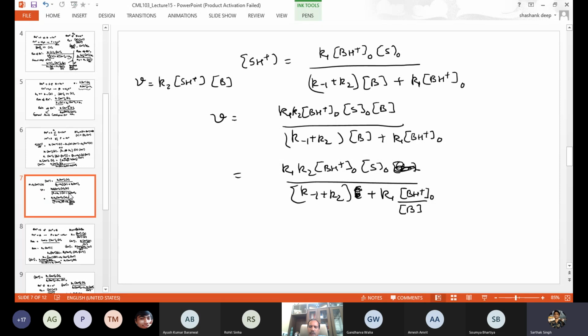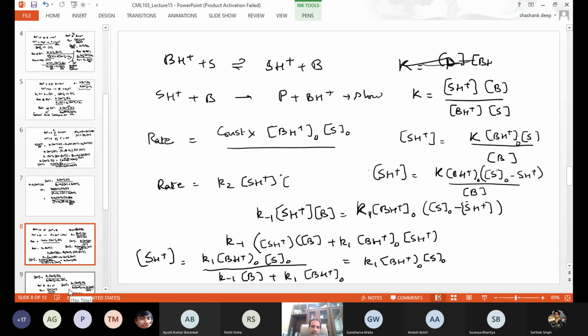No, it is not so. In both cases, whether the second step is slow or this reverse step is slow, it will be dependent on both BH plus ion concentration and H plus ion concentration. So in both cases you have a general acid catalyzed reaction, not a specific acid catalyzed reaction. So please keep that in mind.